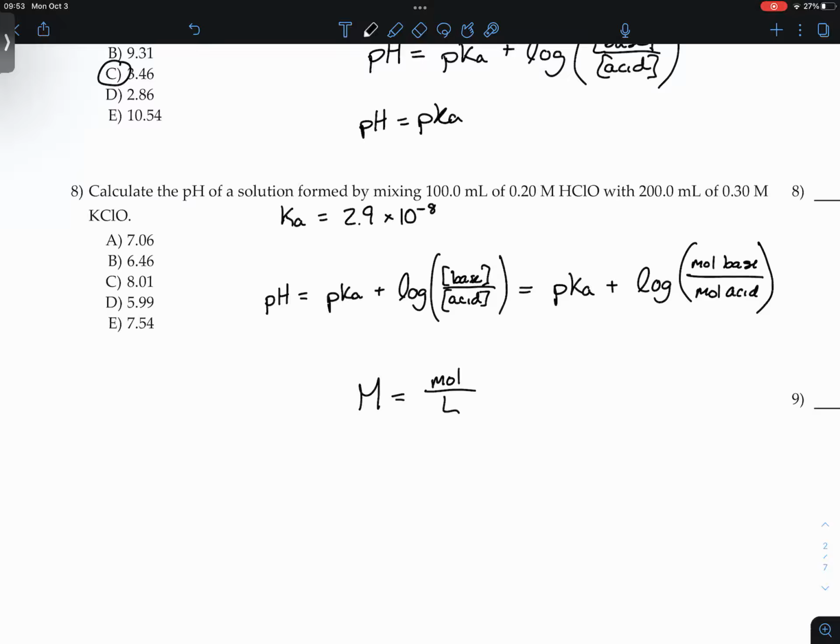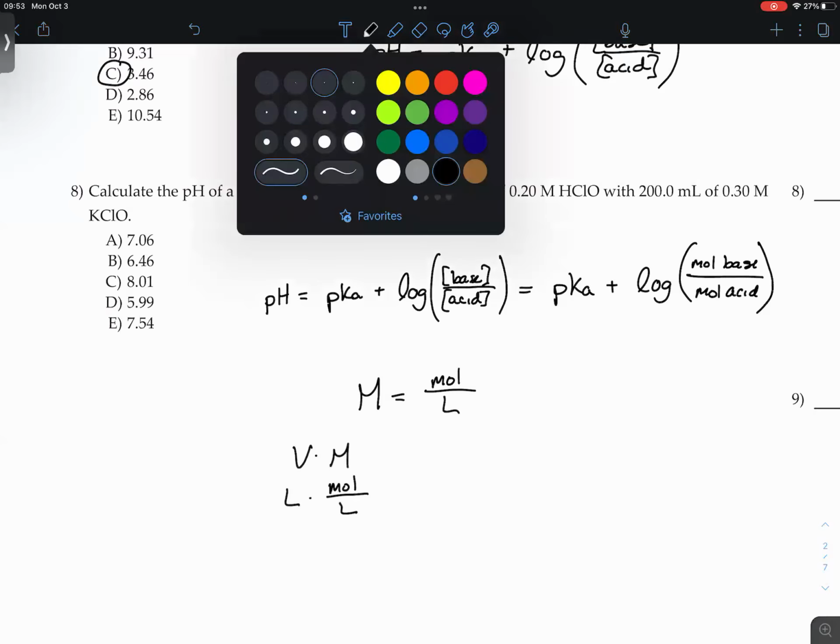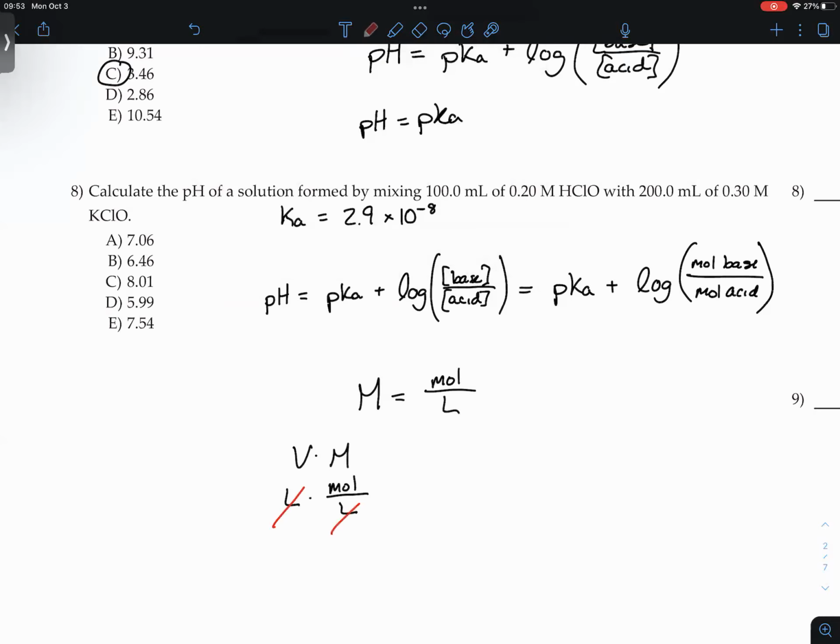So that means if I take my volume times the molarity, liters times moles over liters, that volume cancels out, and so I'm left with moles. That's how I'm going to get to moles of acid and moles of base. Volume times concentration will give me moles. And actually, I'm given the volume in milliliters. Of course, I can convert to liters and get to moles.